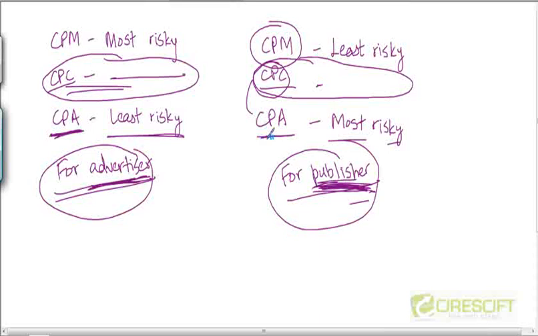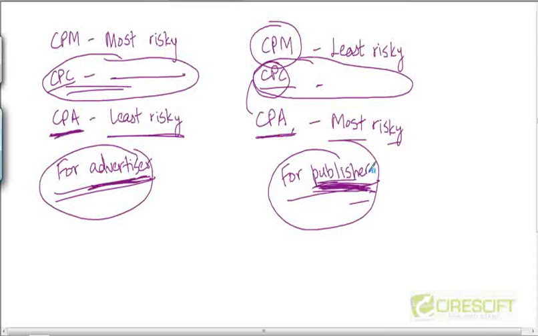If you agree to become an associate of Amazon, then you can show Amazon's ads on your blog, so that people who click on Amazon's advertisement and end up buying a product from there will end up paying some kind of a commission to you. Part of the sales will come to you.